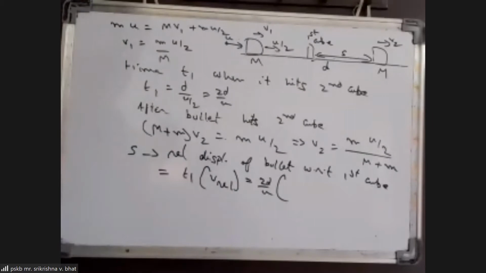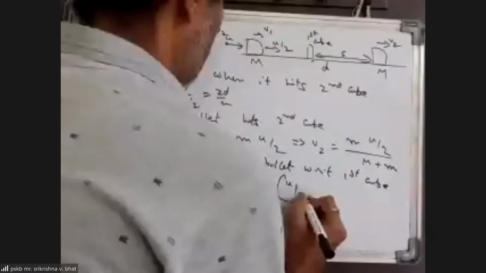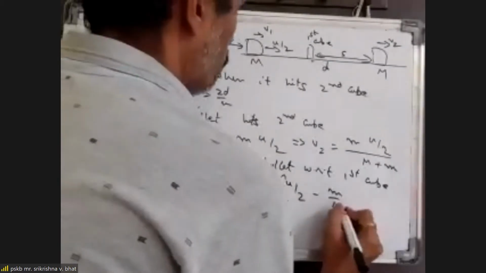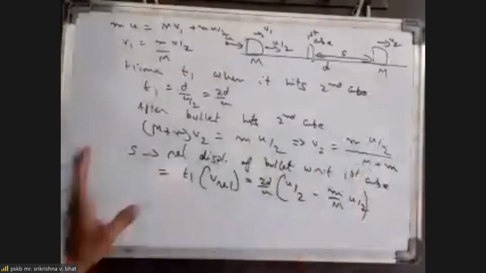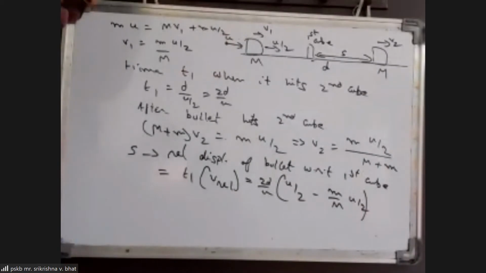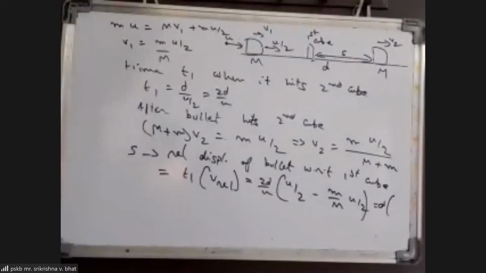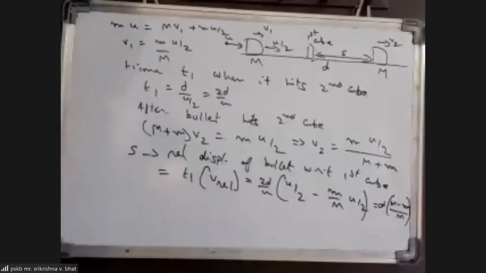So that should come out to be u by 2 minus m u by 2M. The u by 2 will get cancelled, so it will be d into (1 - m/M), so that will be d (M - m)/M.